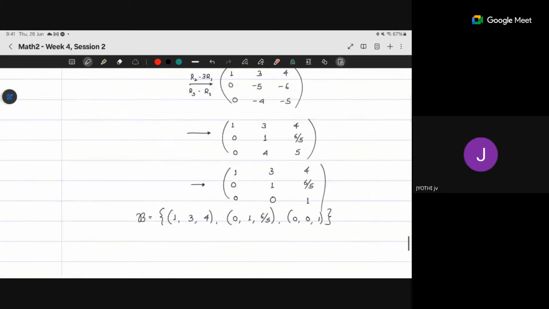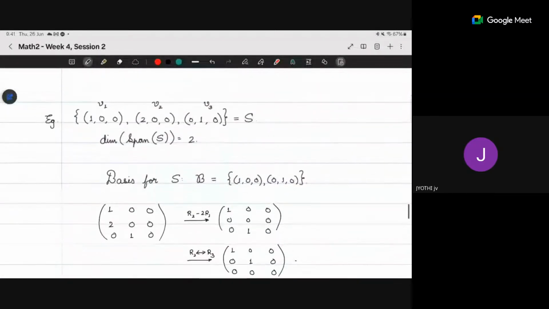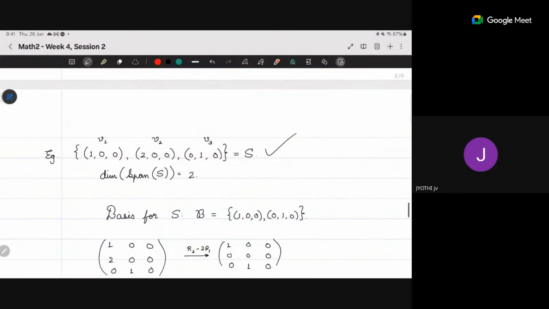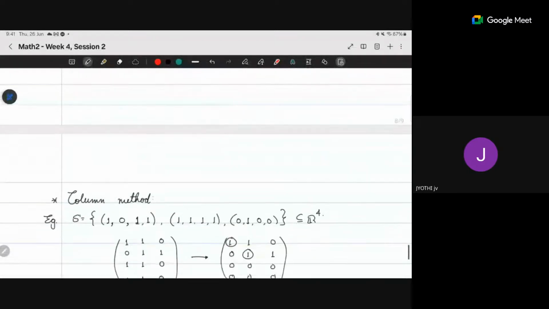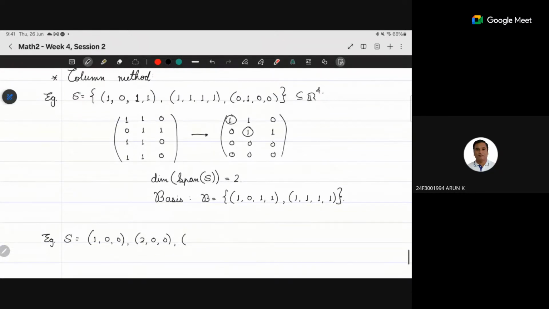In the other trivial case that we had done earlier, which one was that? Let's take this thing. 1, 0, 0, 2, 0, 0, and 0, 1, 0. This also looks like the number of non-zero rows, yes, because corresponding to every pivot, you are picking an element.